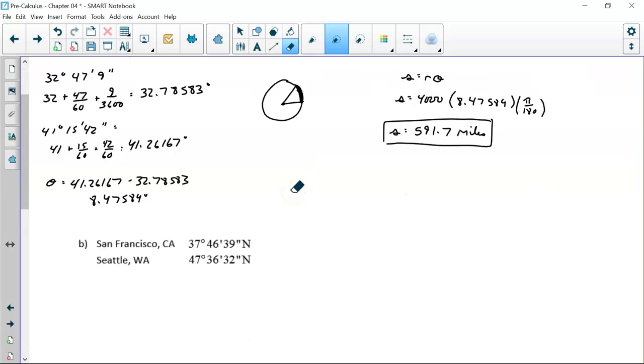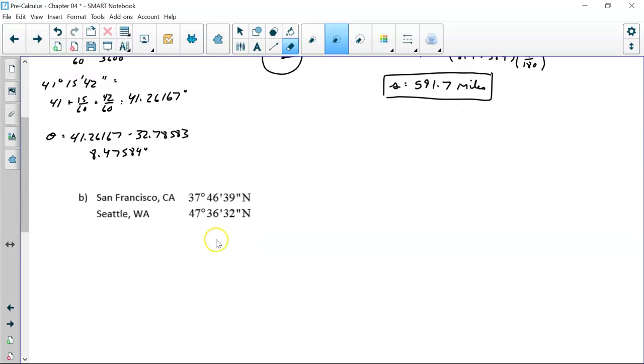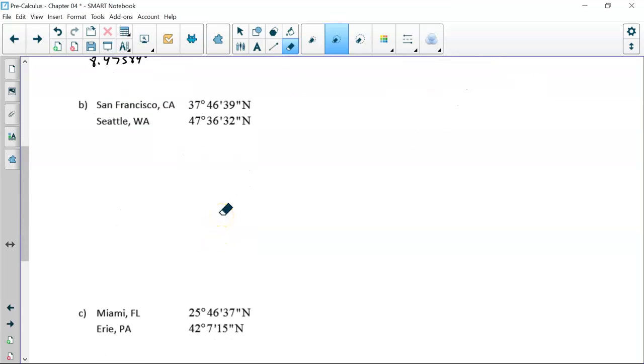So once again, we need to convert from degrees, minutes, and seconds to degrees. So 37 plus 46 over 60 plus 39 over 3,600 equals 37.7775 degrees. And then 47 plus 36 over 60 plus 32 over 3,600.